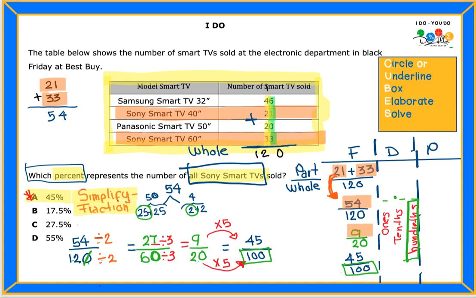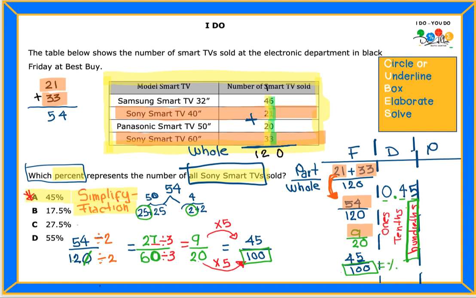So here I'm going to say the 45 must land on the 100. So the last digit of 45 is the 5. So the 5 must land on the 100. Before the 5 we have the 4, and then we have the 0.